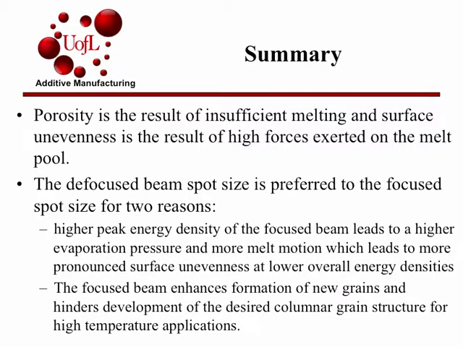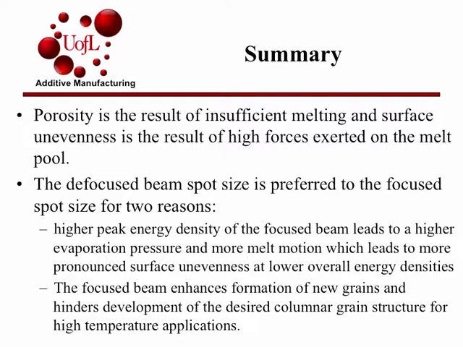And in summary, porosity is a result of insufficient melting, and surface unevenness is a result of high forces exerted on the melt pool. In this study, the defocused beam spot size, or the larger spot size, was preferred for 2 reasons.